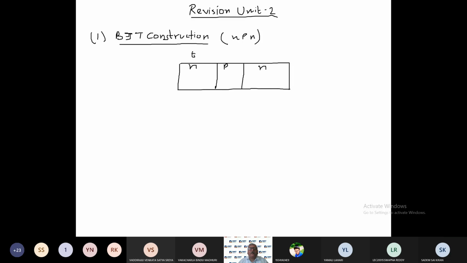This is emitter, base, collector, right?